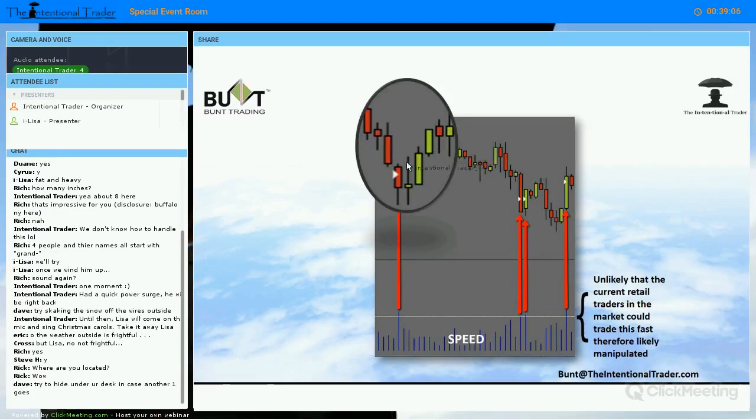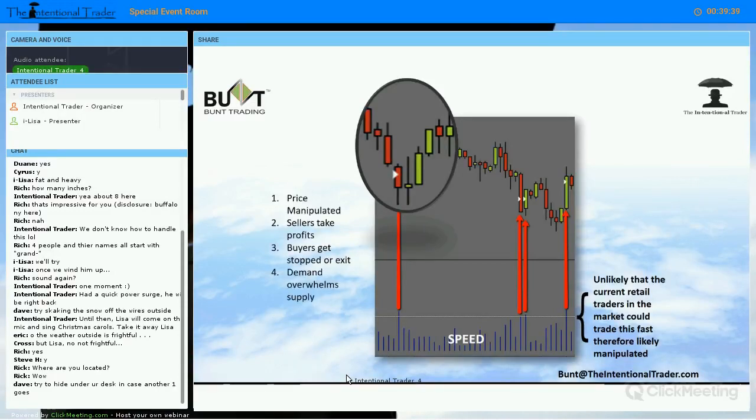And so we put this speed. This is what we call our speed tick right here. This is going to be important because this is step one of the process of using order flow and divergence. It's also step one of our new indicator that I'm going to talk about here in just a minute. So we know that price has been manipulated. We know that the sellers are likely taking profits, buyers are getting stopped out.